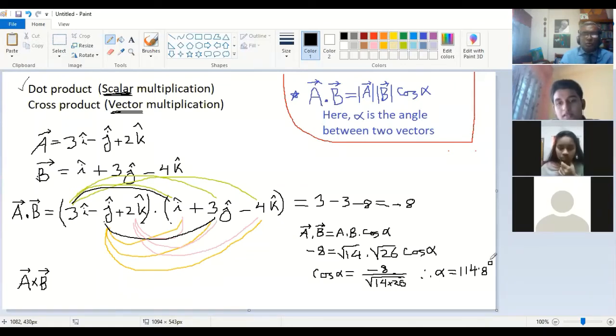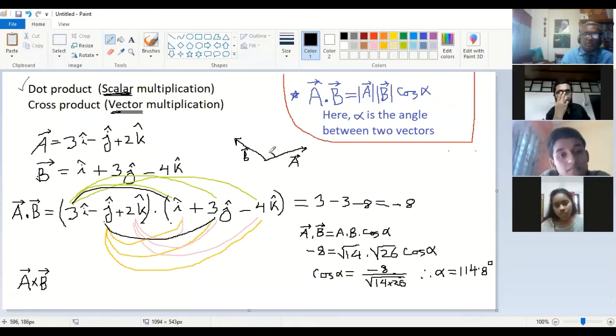So what is that actually? We said, for example, this is my A vector and this is my B vector, and the angle between the two vectors will be this one, and this is 114.8 degrees. So that is the understanding.